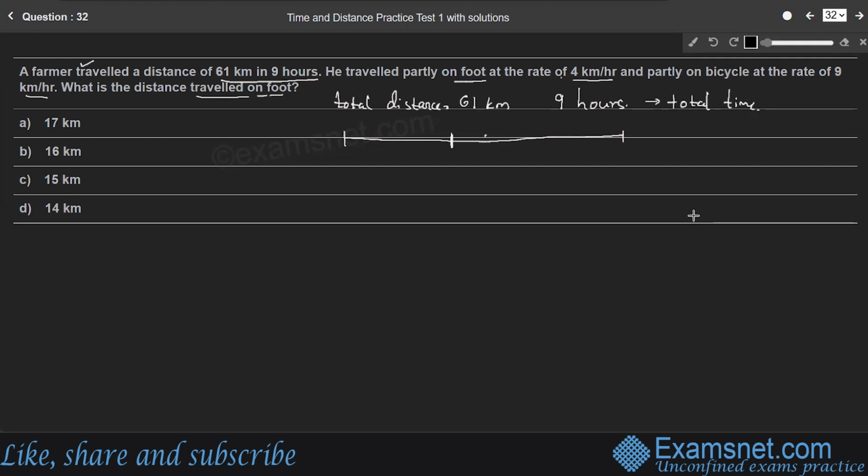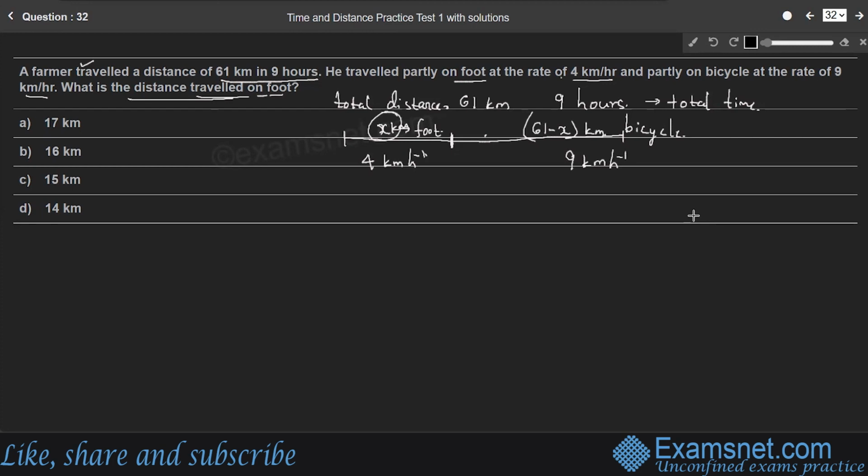Say, for example, the distance traveled on foot with the speed 4 kilometers per hour be x kilometers. The remaining distance, 61 minus x kilometers, will be traveled on bicycle, at the rate of 9 kilometers per hour. Here we need the distance traveled on foot, which means the value of x.